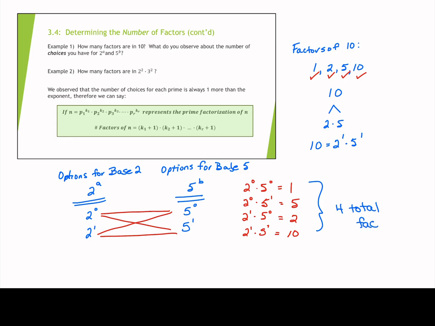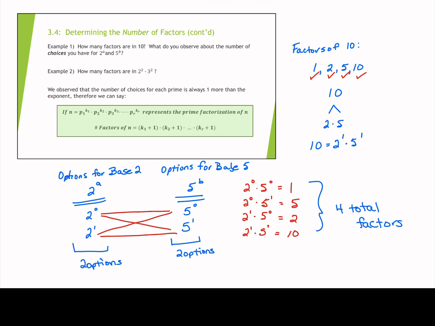That's closely linked to the number of options we have for each base. Here's how we can explore that a little bit further. If I look at my options for base 2, I have 2 options. It could be 2 to the power of 0 or 2 to the power of 1. If I look at base 5, I actually have 2 options here as well.